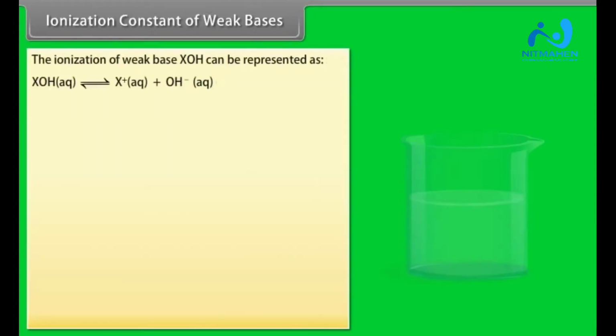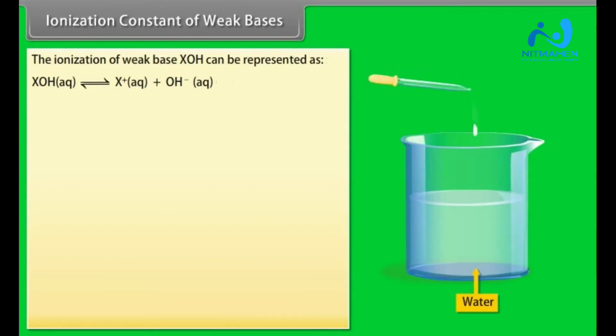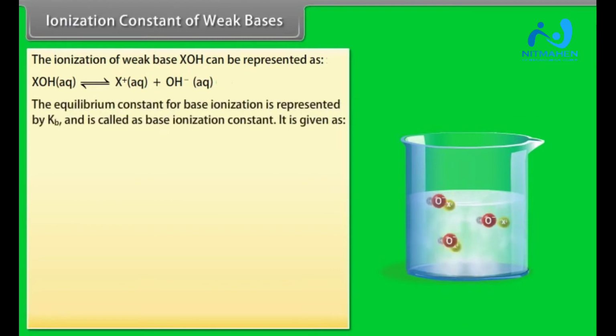Ionization constants of weak bases. The ionization of weak base XOH can be represented as: the equilibrium constant for base ionization is represented by Kb and is called the base ionization constant.